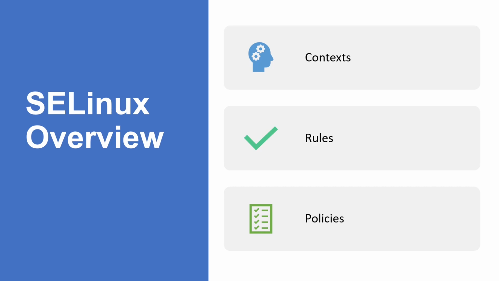A SE Linux context is a name used by a rule to define how users, processes, files, and ports interact with each other. As the default policy is to deny any access, rules are used to describe allowed actions on the system. Additional online documentation can be found in the SE Linux Users and Administrator's Guide.